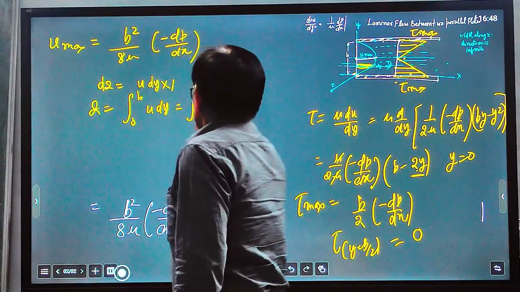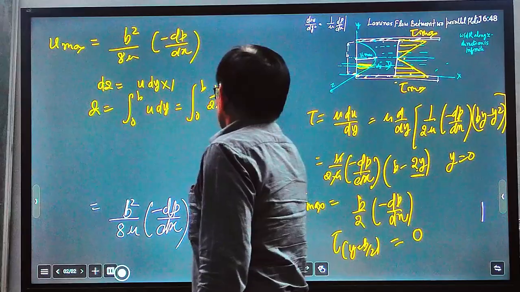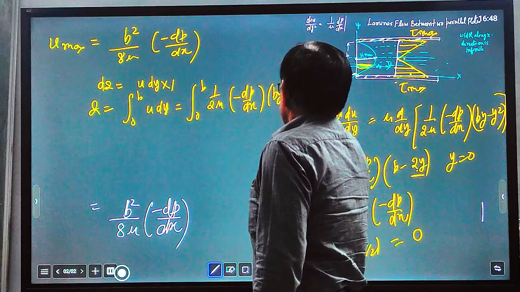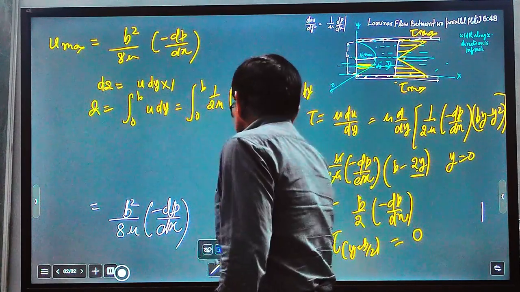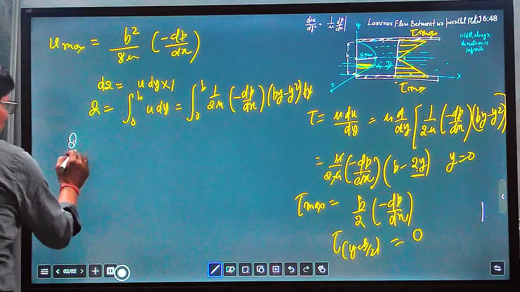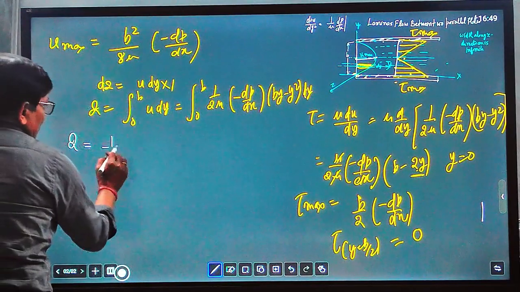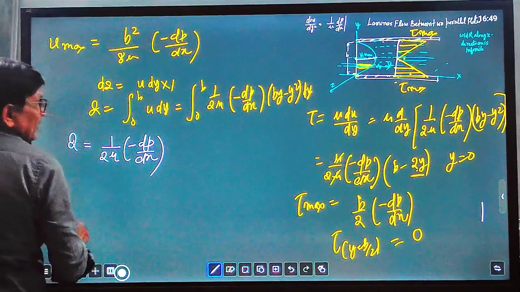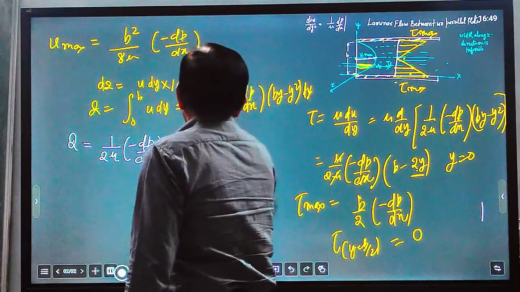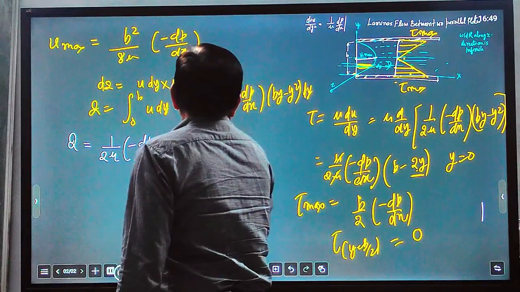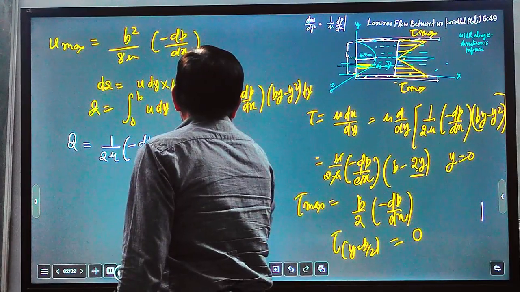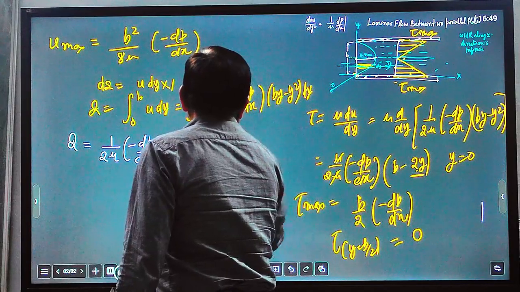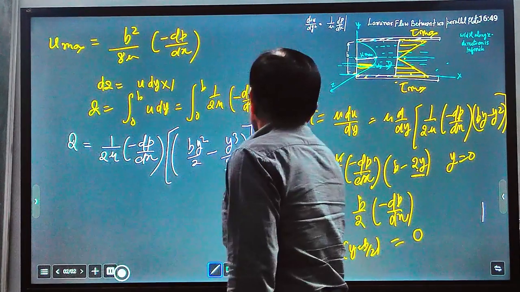Putting the value of u, Q equals the integral from 0 to b of 1 upon 2 mu times minus dp by dx times (b y minus y square) dy. Integrating this, Q equals 1 upon 2 mu times minus dp by dx times (b y square by 2 minus y cube by 3), with limits of integration 0 to b.